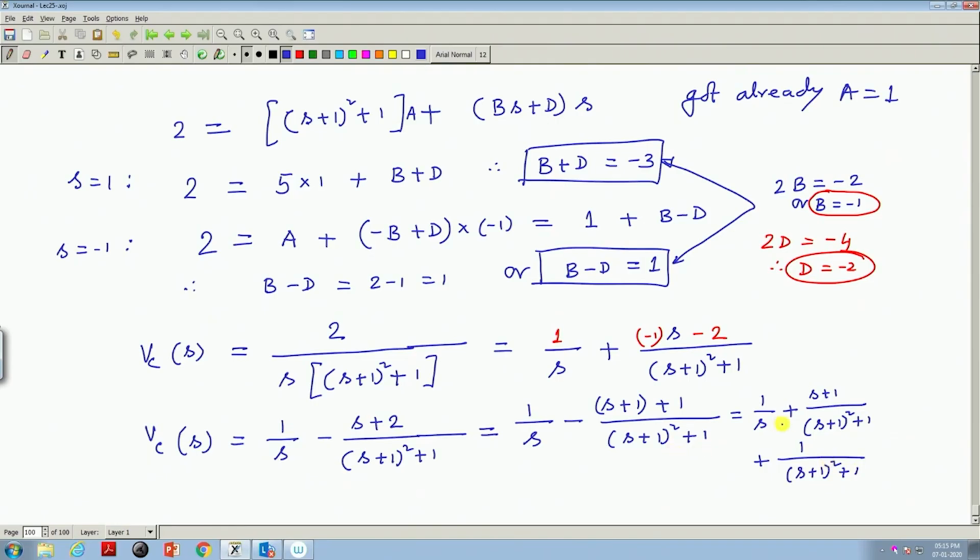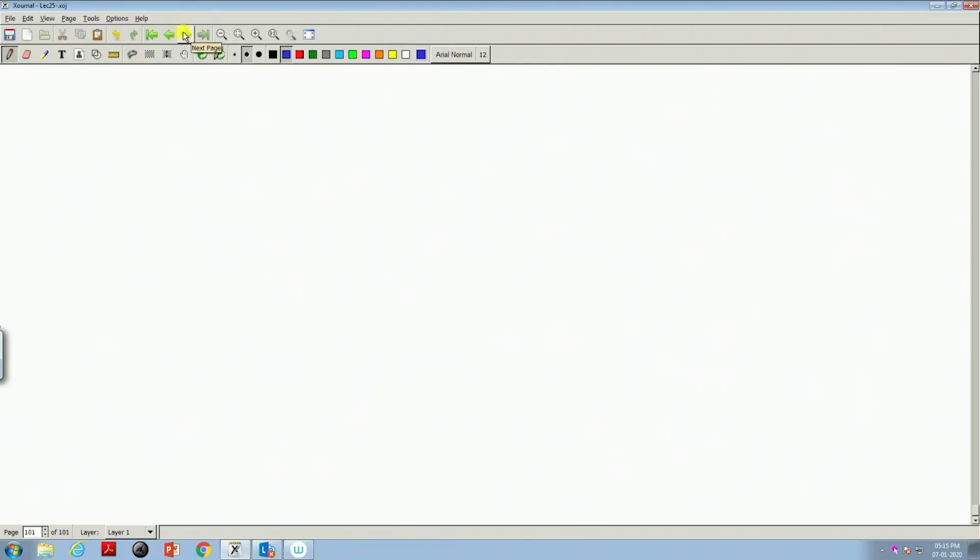Both of them will become minus, correct. So, this is minus and this is also minus. Got the point. Therefore, next page, let me do it slowly.